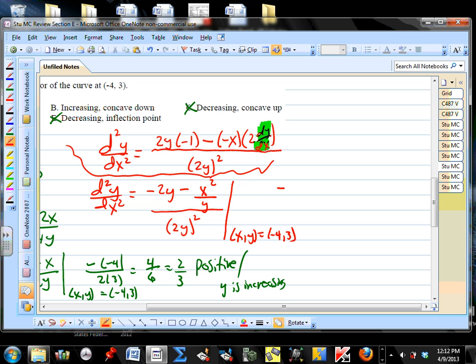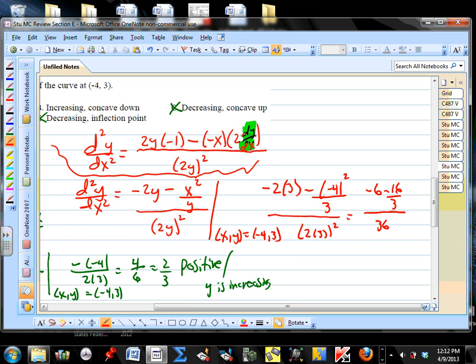Let's see, we're going to get the negative 2 times y, negative 2 times 3, minus x squared, negative 4 squared, over y, over 3, all over 2y, 2 times 3, quantity squared. Let's see, so we'll get negative 6, and then minus 16 thirds, all over 2 times 3 is 6, 6 squared is 36.